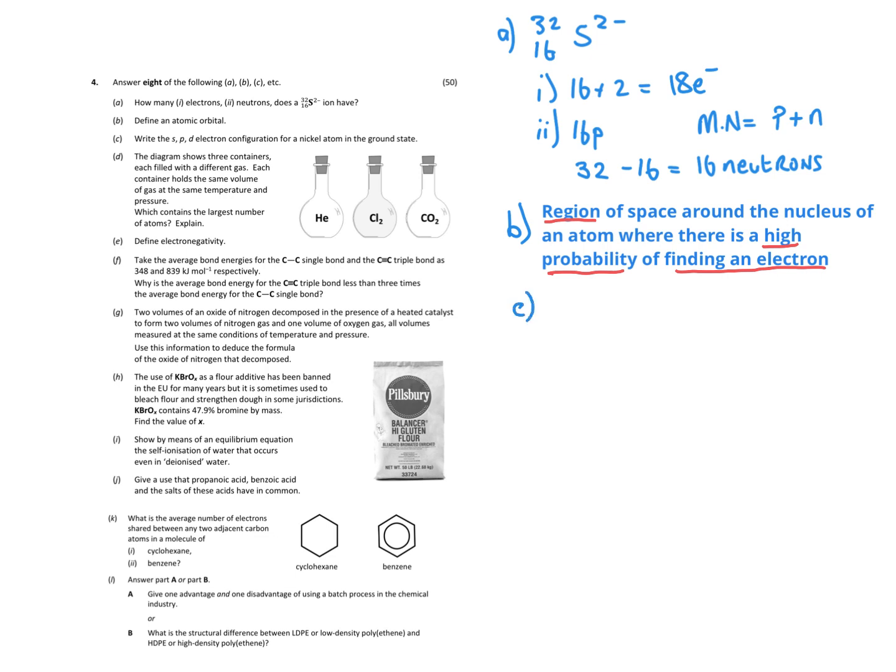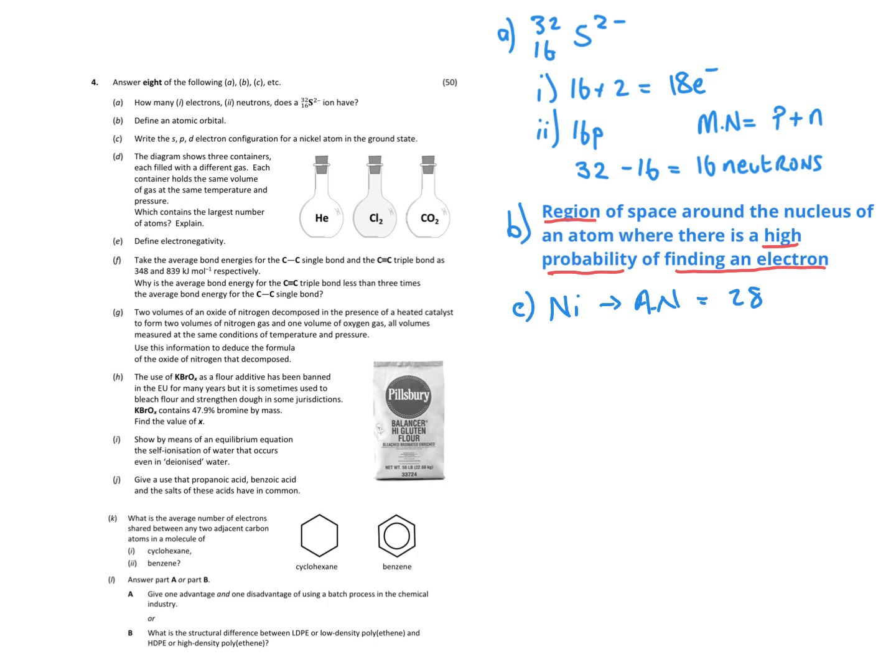So part C, we've said that this is an electronic configuration question, and it asks you to write the spd configuration of the atom of nickel. Now, we know that nickel has an atomic number of 28, and you can get that on the periodic table. So that means you have 28 electrons that you need to fit into this atom.